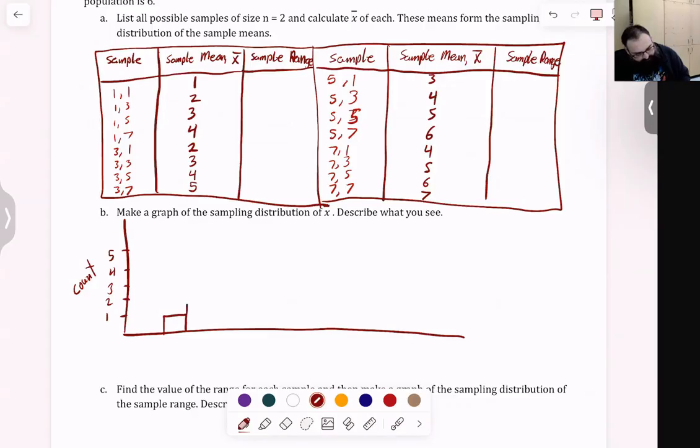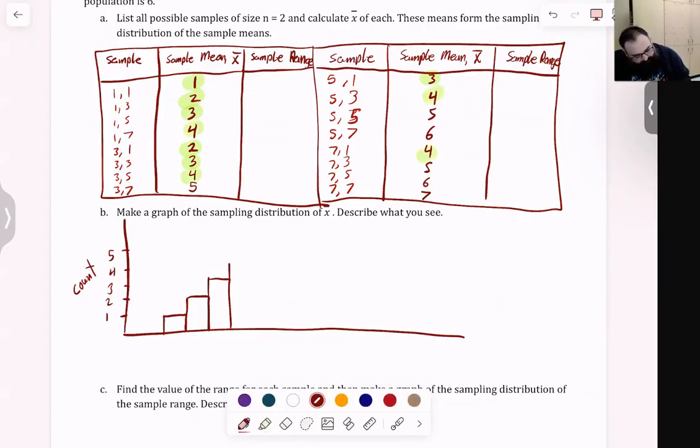Twice. How many times did 3 happen? Let's see. We got to count. 1, then 2, 1, 2, 3. So 3 times. How many times did 4 happen? 1, 2, 3, 4.